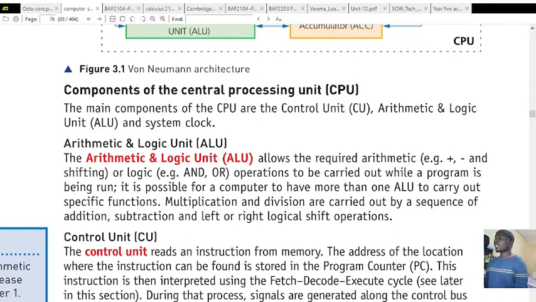So we are looking at the components of the central processing unit. Now, the main components of the central processing unit, as I mentioned earlier, are the control unit, arithmetic logic unit, and the registers.